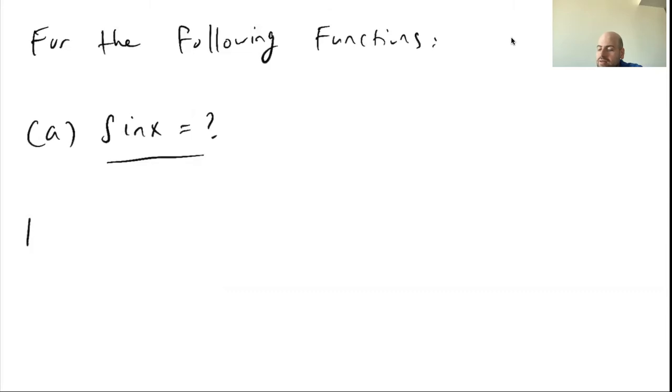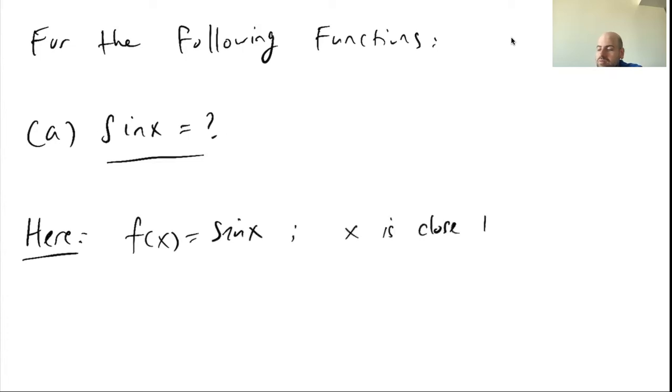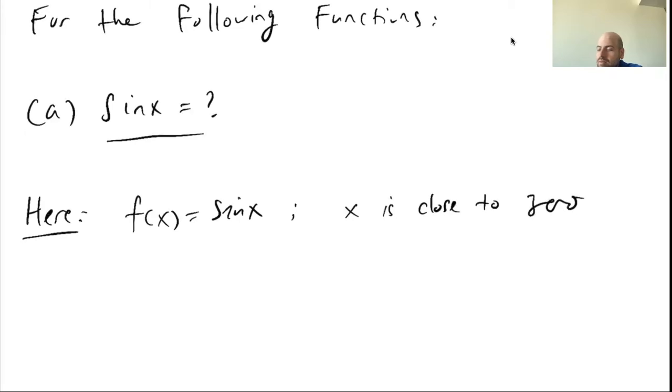Here, f of x is sine x, and x is close to 0. So what can I choose as my a? Choose a equals 0, because remember, a is supposed to be close to x. X is close to 0. So a must be close to x.